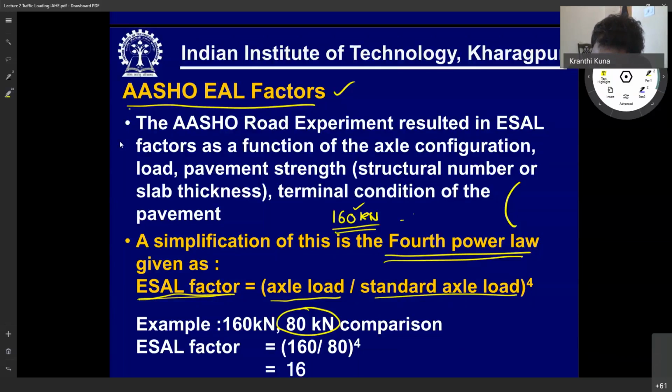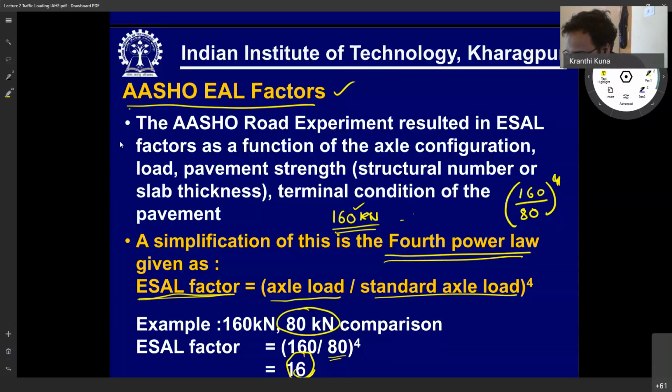What you do is 160 divided by 80, to the power 4. So this is 16. What it means is, if your axle load is doubled, your relative damage is increased by 16 times.